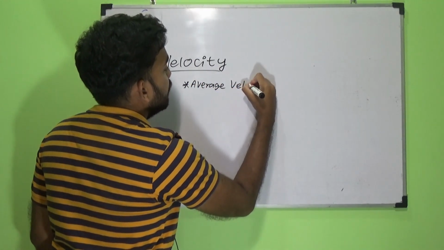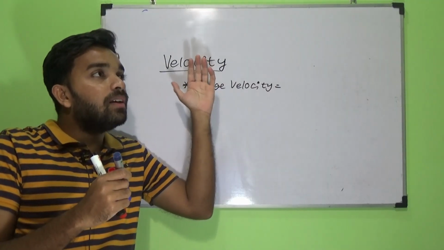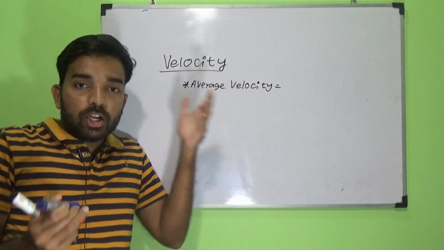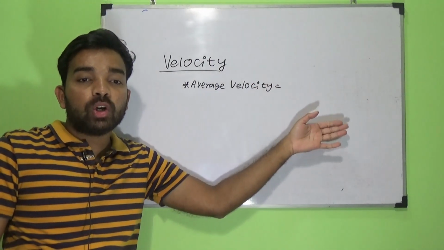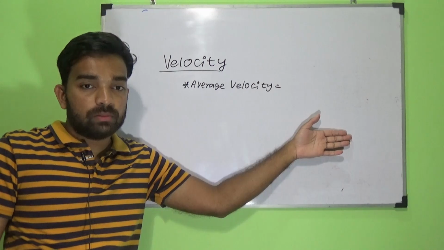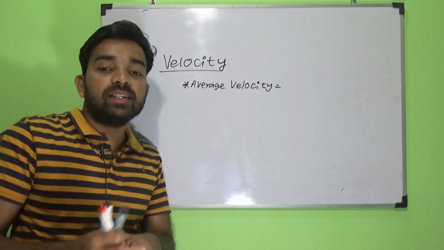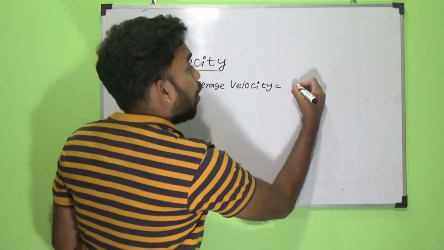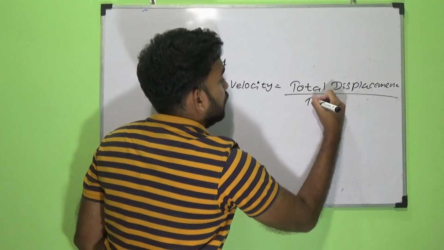So what is average velocity? In the previous one, the average speed was total distance traveled divided by total time. That was the equation. In velocity, the average velocity is going to be total displacement divided by total time.